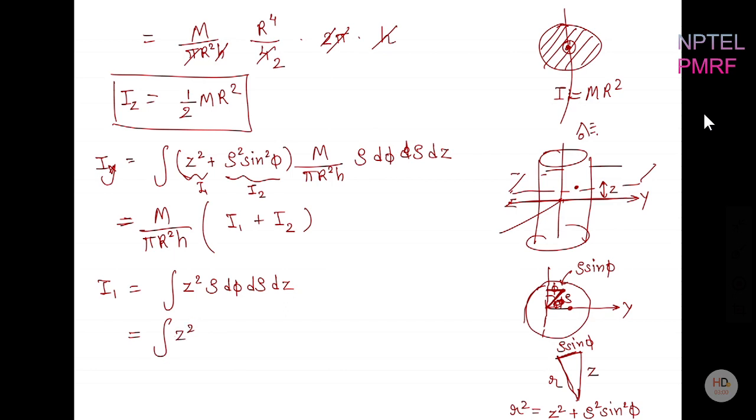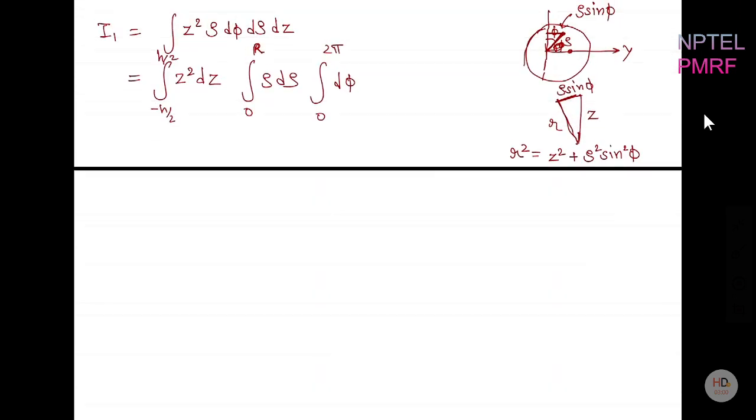So on the z front it is from minus h over 2 to h over 2. On the rho front it is from 0 to r, and on the phi front 0 to 2 pi. Okay, so this becomes h over 2 cube times 2, 1 over 3.